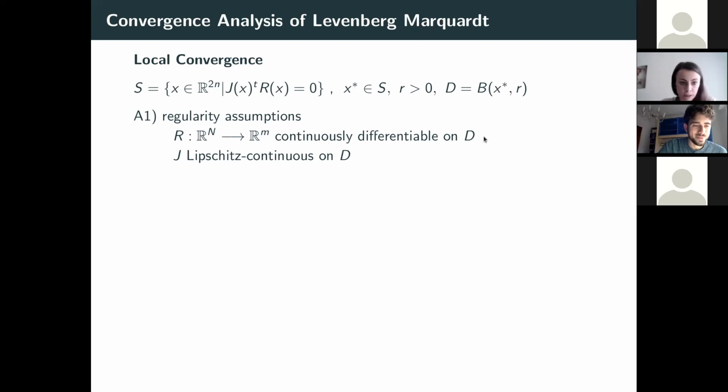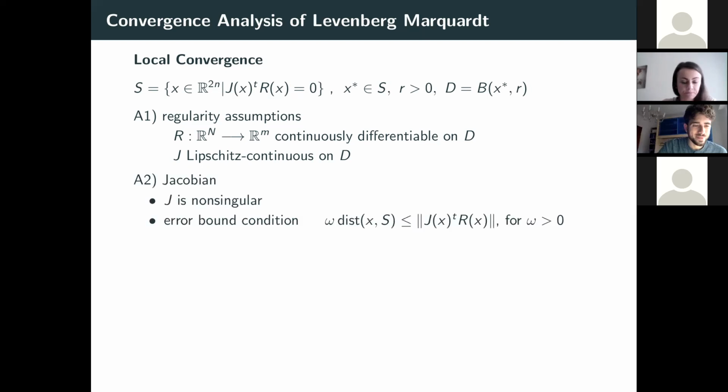And now we have a number of different possible options for the assumptions that we make. First of all, we have to consider the Jacobian. So the standard assumption would be to assume that the Jacobian is non-singular. But this is somehow a limiting assumption, because one of the reasons to choose Levenberg-Marquardt for least squares problems instead of Gauss-Newton is exactly so that we can allow the Jacobian to be singular or nearly singular.